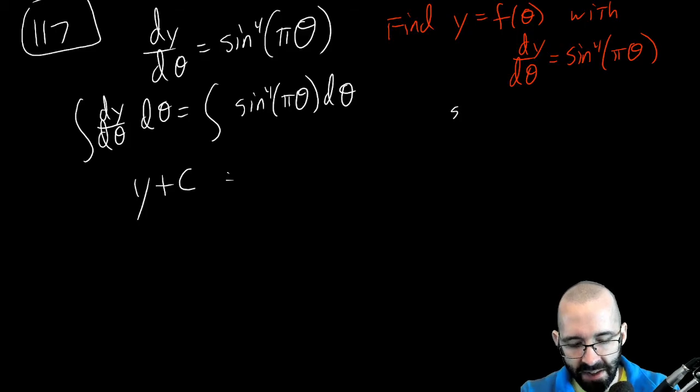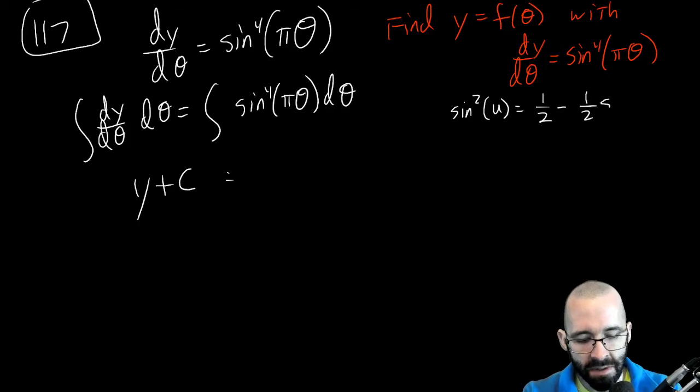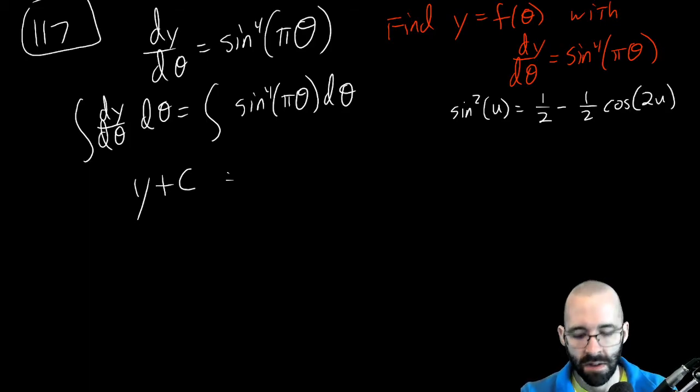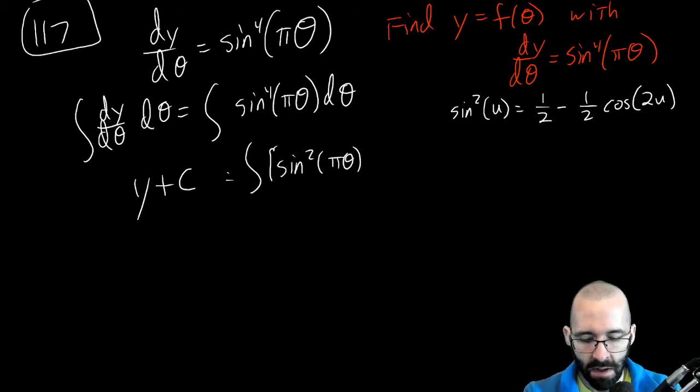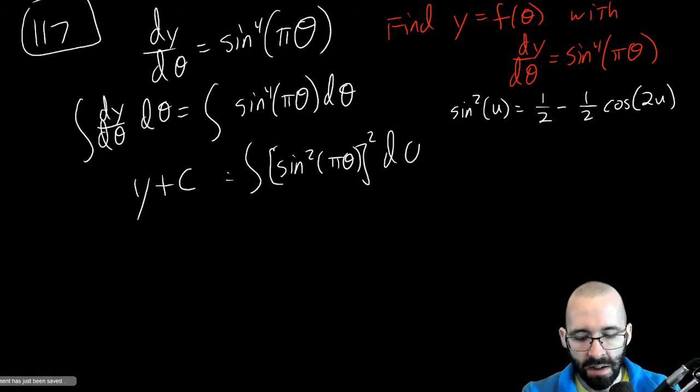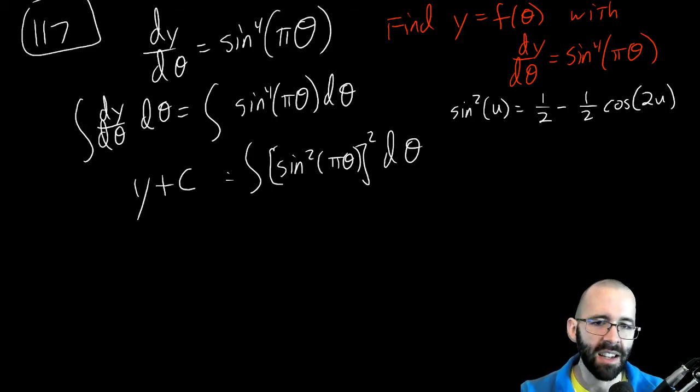So remember that the sine squared of any angle is 1/2 minus 1/2 cosine of double that angle. Well, this is sine squared of pi theta, squared. Oh, and again, we're going to have a plus c on the right-hand side.